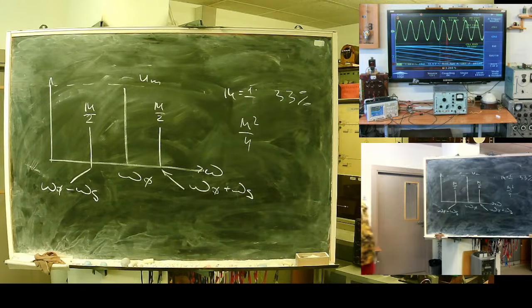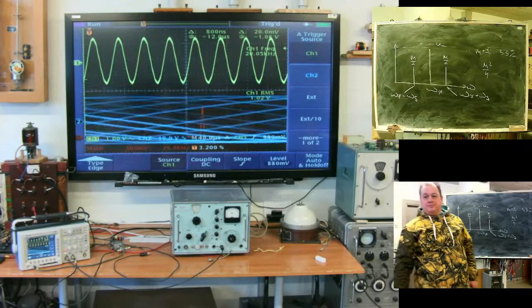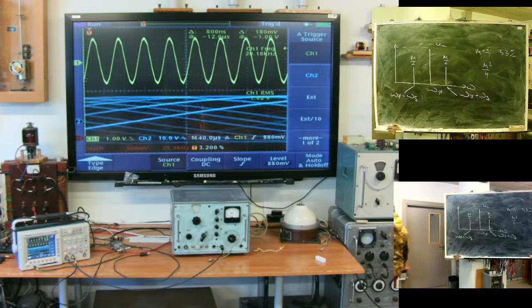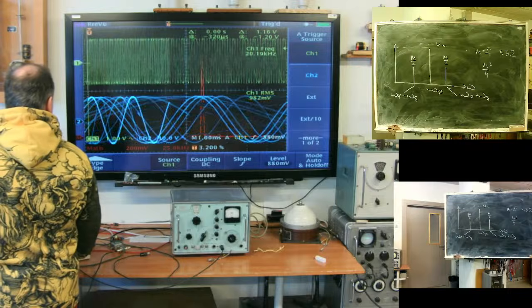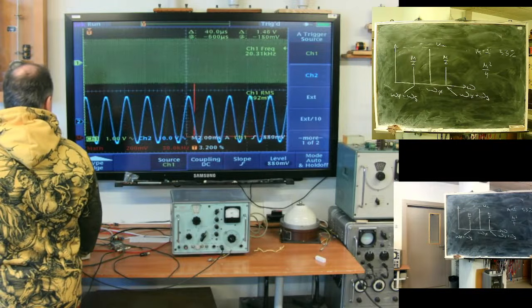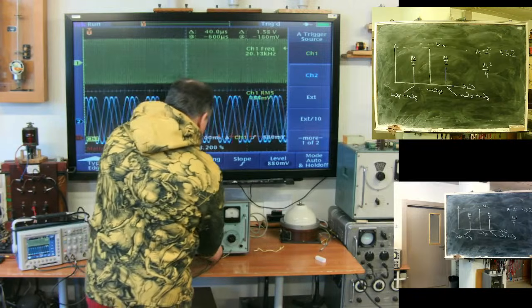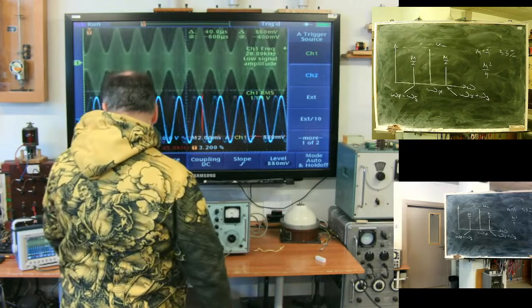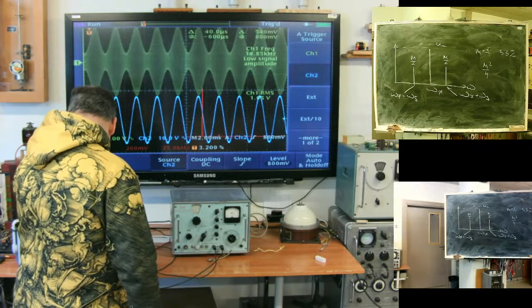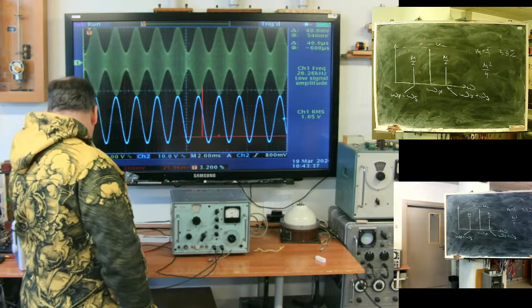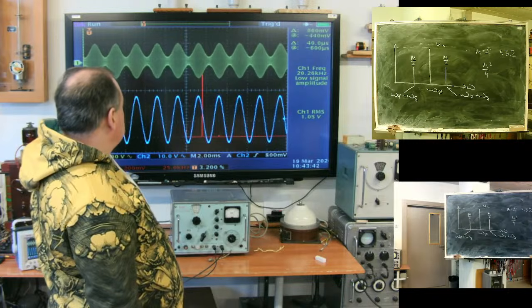It will be my carrier signal. 20 kilohertz, yellow, is my carrier, and the 500 hertz signal modulates the carrier. Here they are in scale.